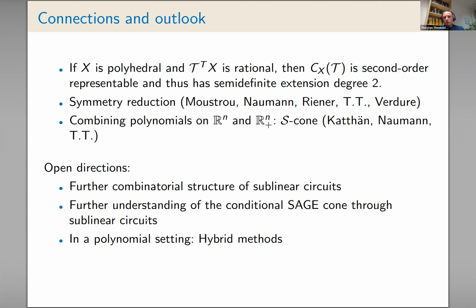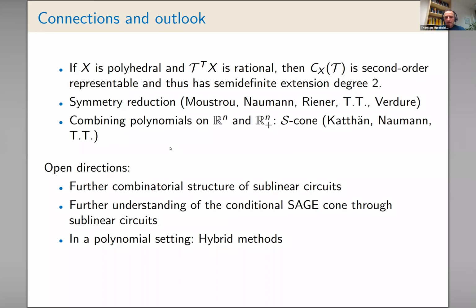Then one can also exploit symmetry, for instance, of these sage representations. They sometimes allow a drastic reduction of the computational effort. It's also possible to combine polynomials on the full space with polynomials on the non-negative orthant, which is relevant here. There are, of course, many open questions.